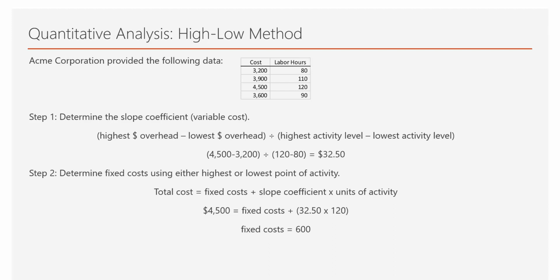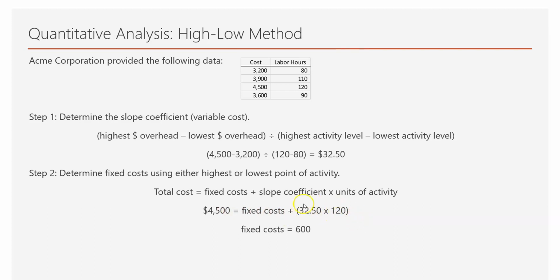So 4,500 equals fixed cost plus, and now I can plug in my slope coefficient, 32.50, multiplied by the highest level of activity associated with the 4,500, and that one was 120. So 4,500 equals my fixed cost plus 32.50 times 120.